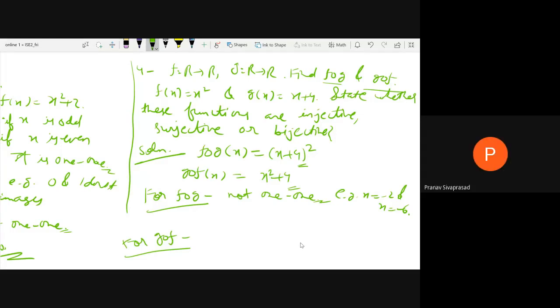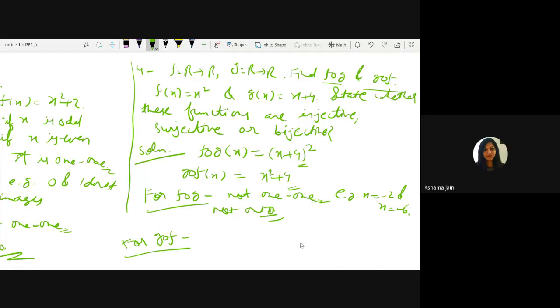I agree, I'm not telling it's wrong, I'm asking you why. First find x in terms of y, ma'am. Then we'll get an under root y. If we are putting negative in that, it won't be a real number. x equal to under root y minus 4 will come. So it will give an imaginary number.